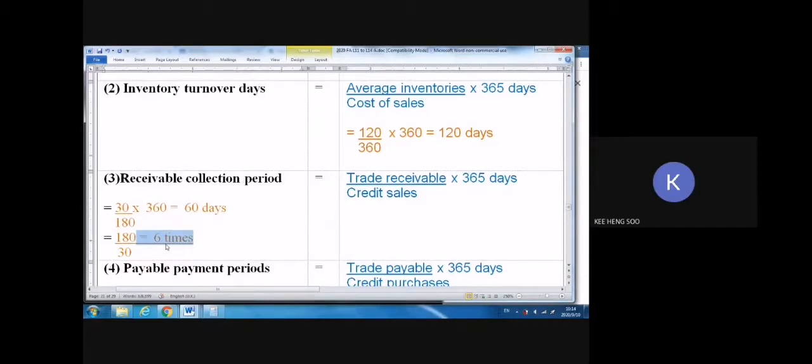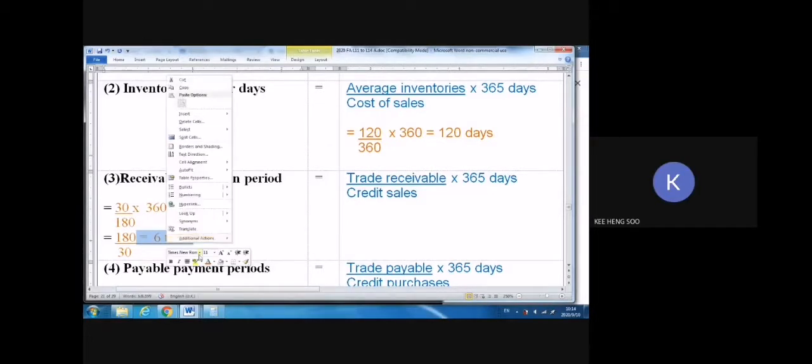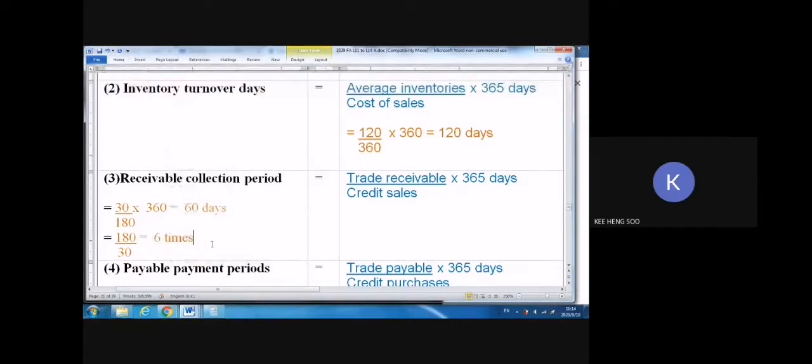That means I collect from my receivable 6 times in a year. Every 2 months, 6 times in a year. Every 2 months I collect 30,000, 30,000, 30,000.